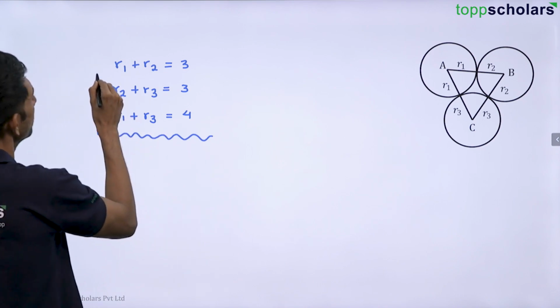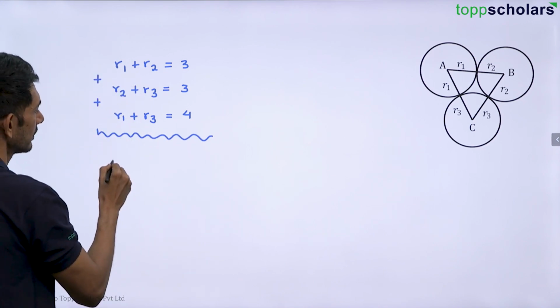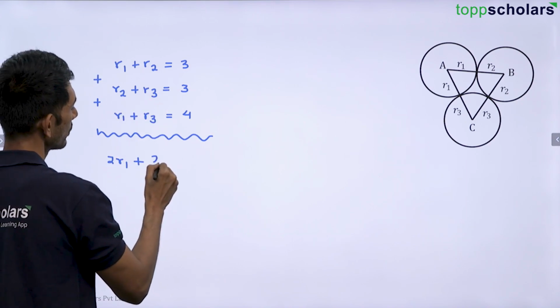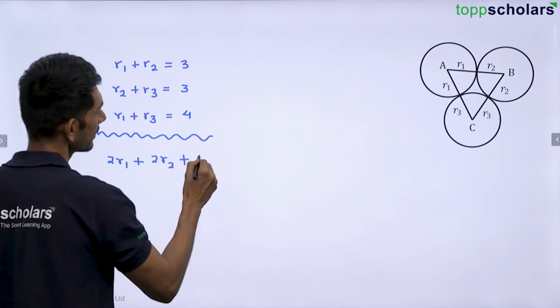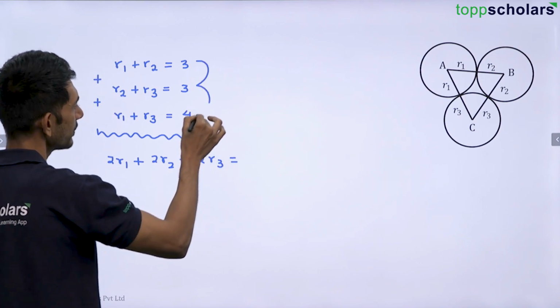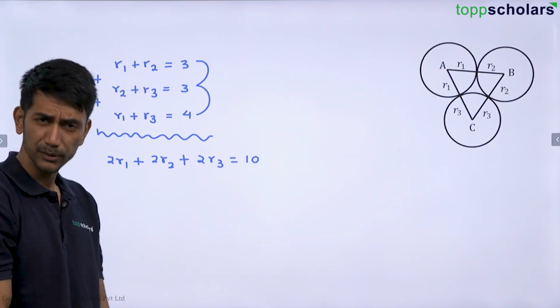Now let me add them. R1 plus R1 is 2R1 plus R2 plus R2 is 2R2 plus R3 plus R3 is 2R3, that is equal to 3 plus 3 plus 4. Can I say this will become 10? 3 plus 3 is 6, 6 plus 4 is 10.